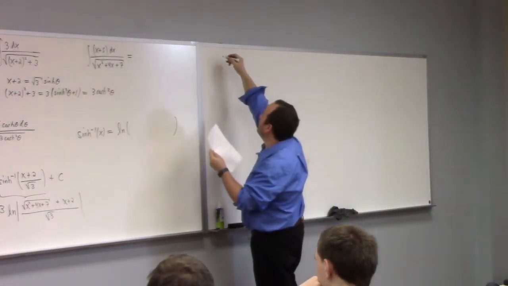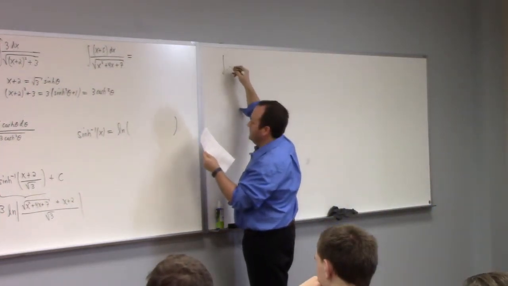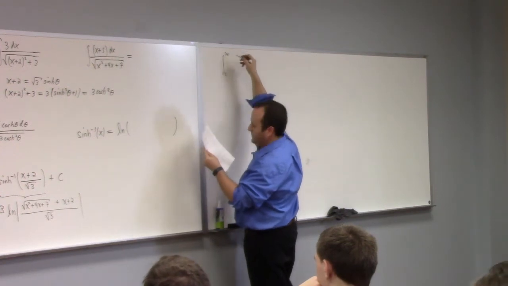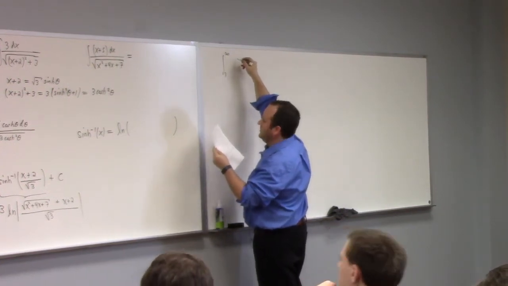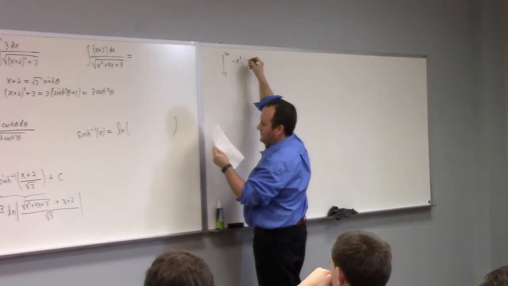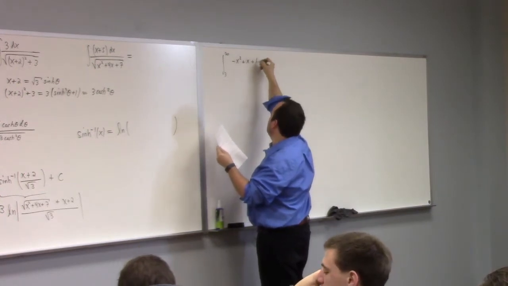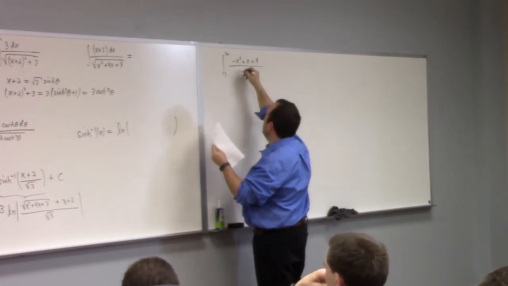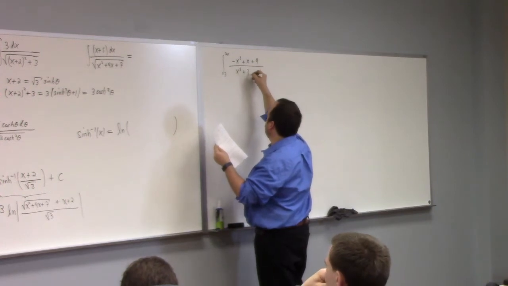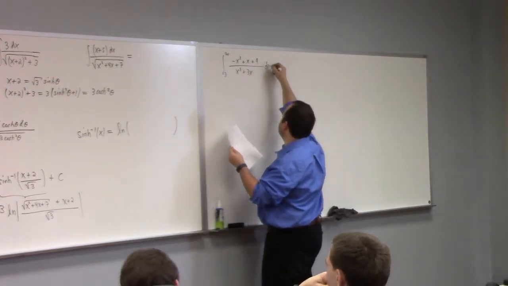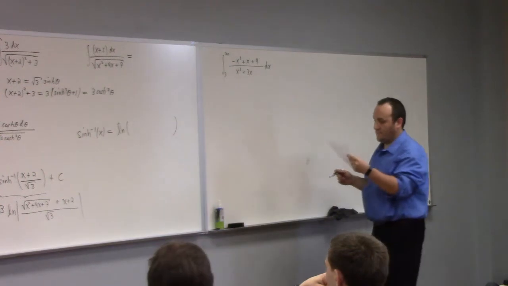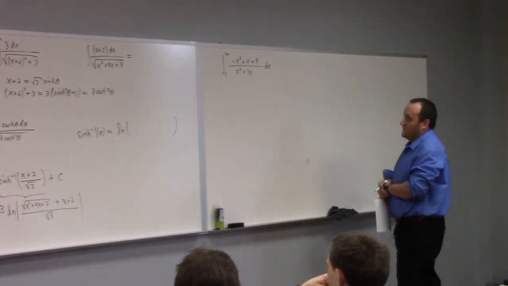This one here, 3 to infinity, of minus x squared plus x plus 9 over x cubed plus 3x dx. Of course, this is improper, right?